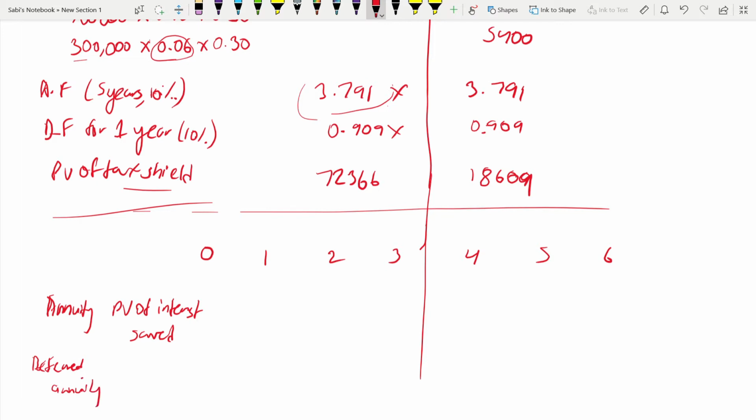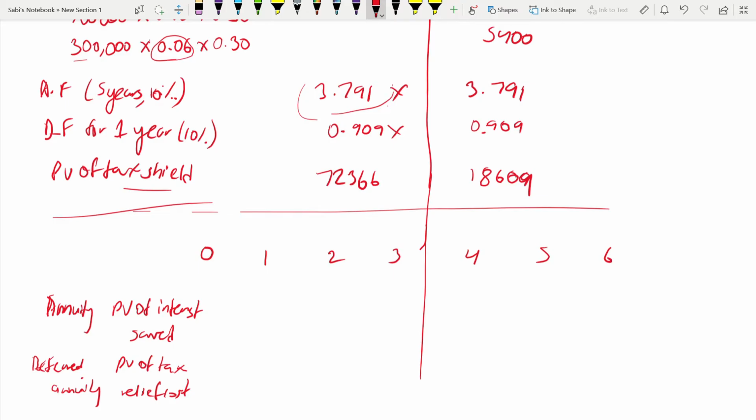That means it's deferred, right? Present value of tax relief lost. On the one hand, you are saving interest; on the other hand, you are losing the tax. After deducting that, you will get the result.